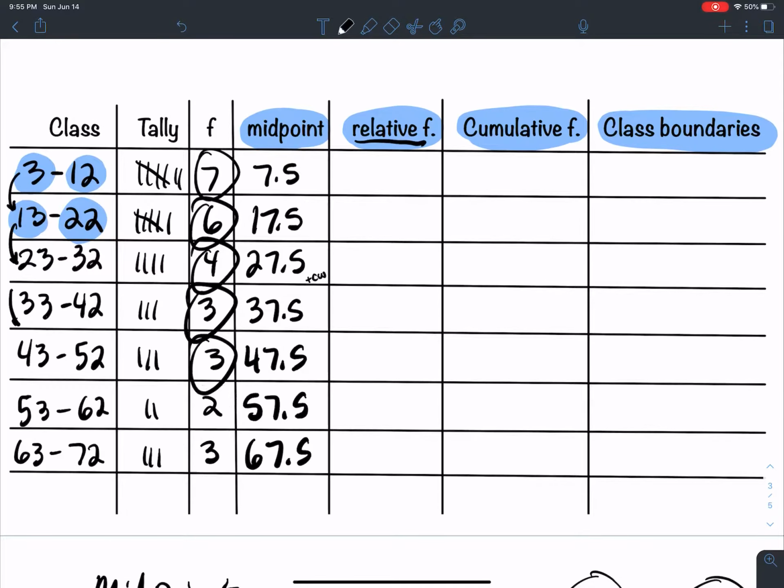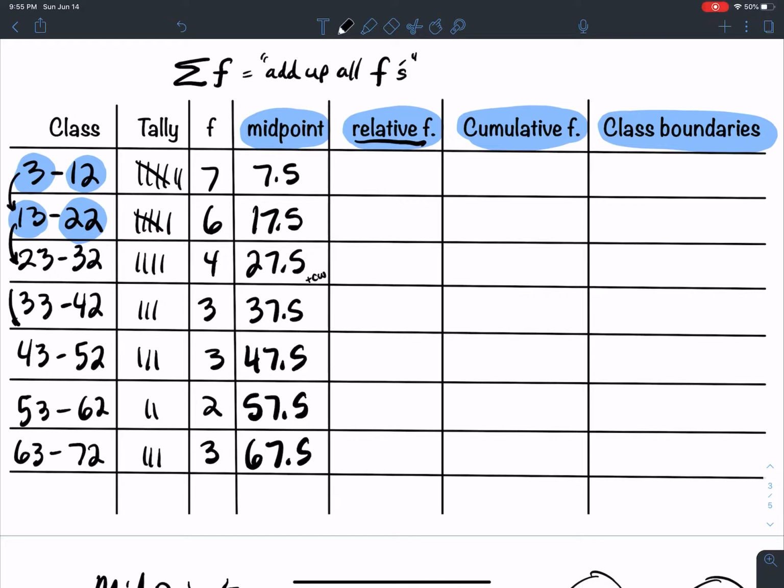So I'm going to add all those up. A fast way to say this is sigma F, which means to add up all F's.